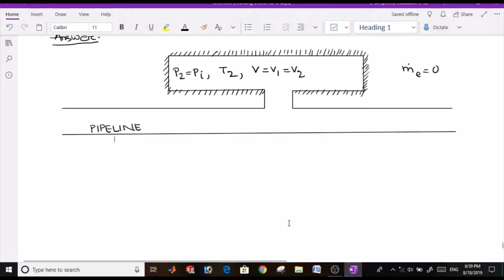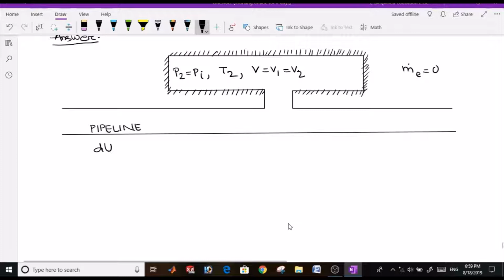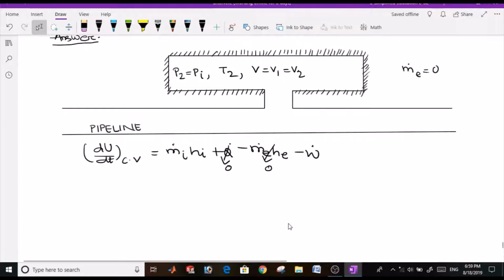So, according to the unsteady flow equation, we know that dU by dt of the control volume equals m dot i h_i plus Q dot minus m dot e h_e minus W dot. As there is no heat transfer into the insulated chamber, Q dot will be 0. Nothing is coming out, that means this will also be 0.